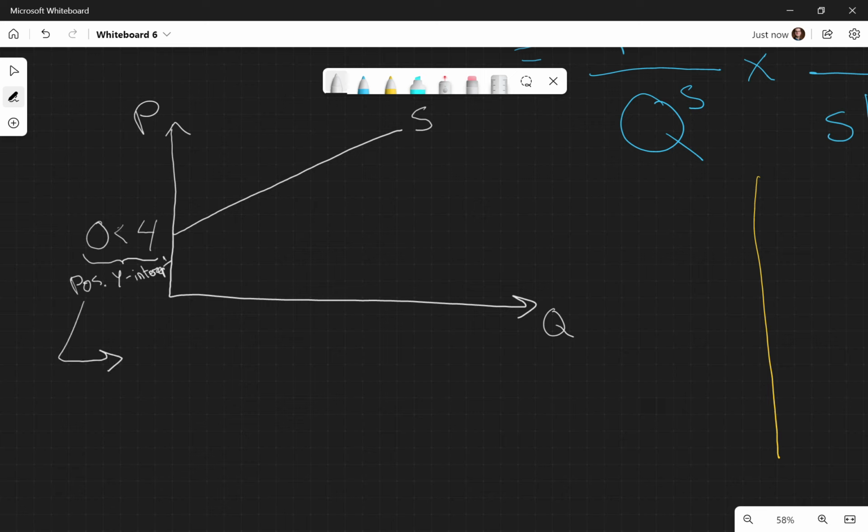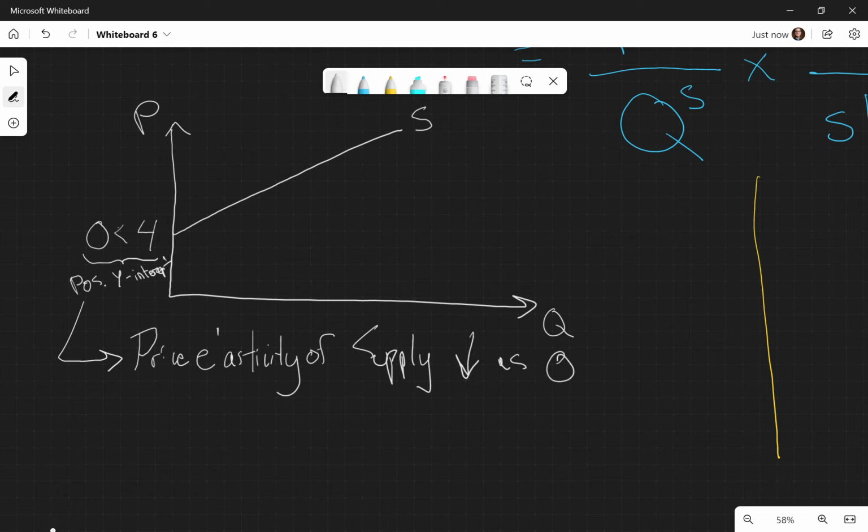Then in that situation, our price elasticity of supply is going to decrease as my Q increases.